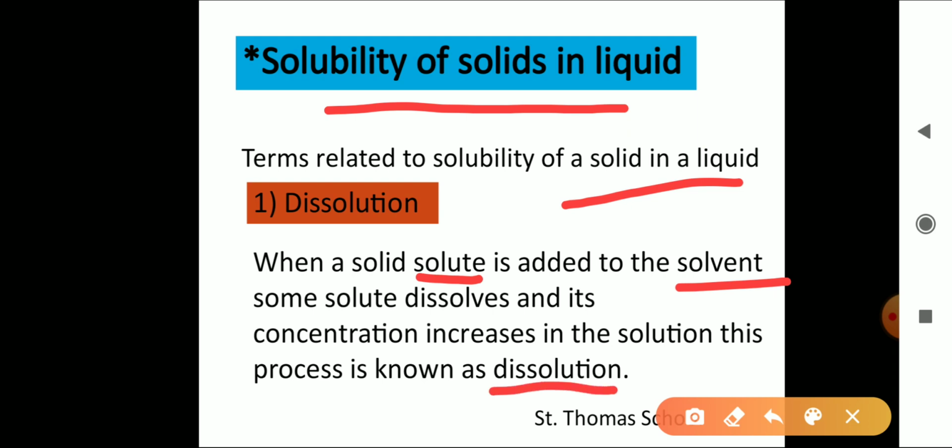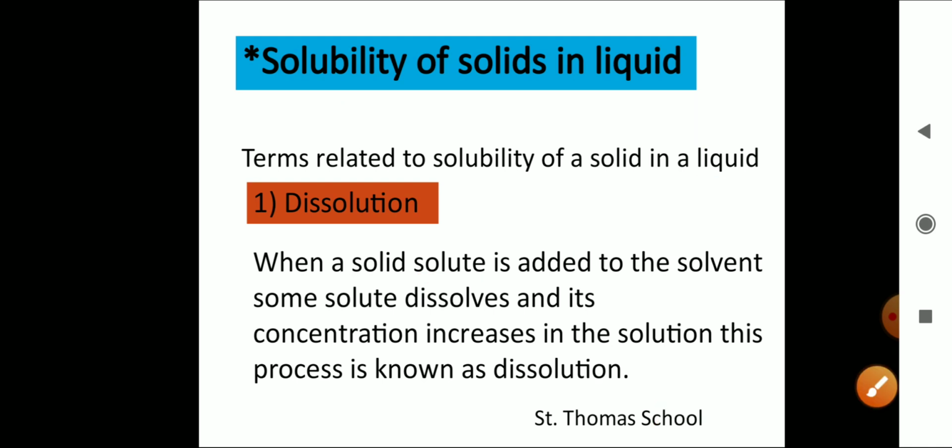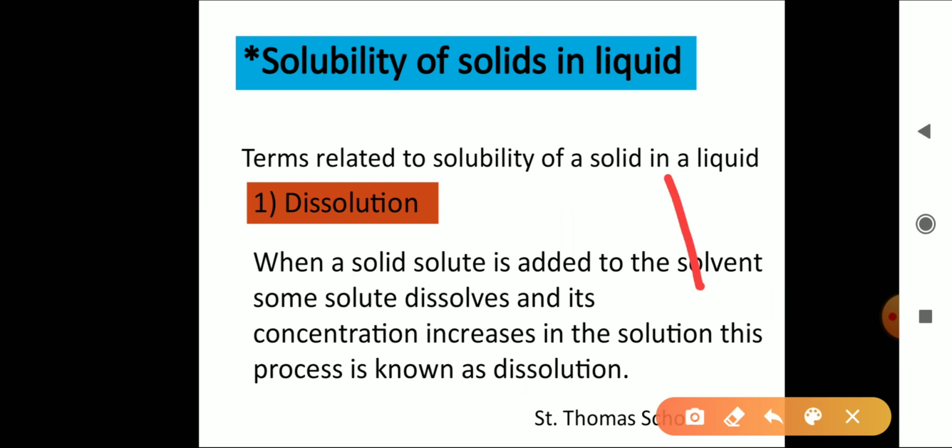Okay, as I gave you the example of sugar and water, right? So here the beaker, in that water is present and I have put in the sugar in that.